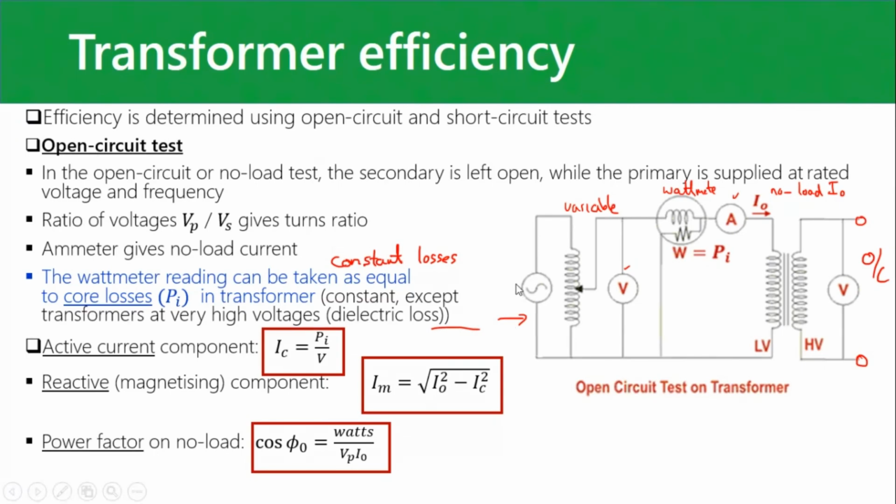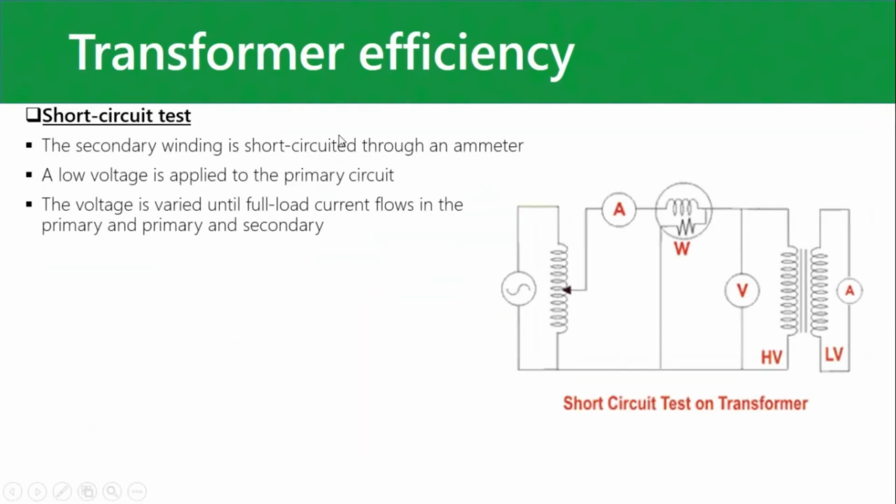That little circuit. Now you also do the short circuit test. The short circuit test is very much the same, except we short circuit the terminals of the transformer on the secondary. That means on the primary, we better start at a very, very small voltage.